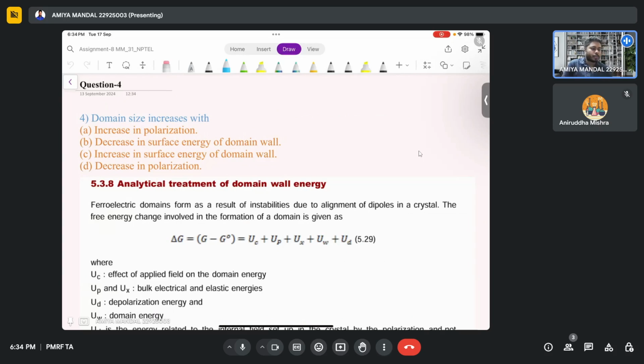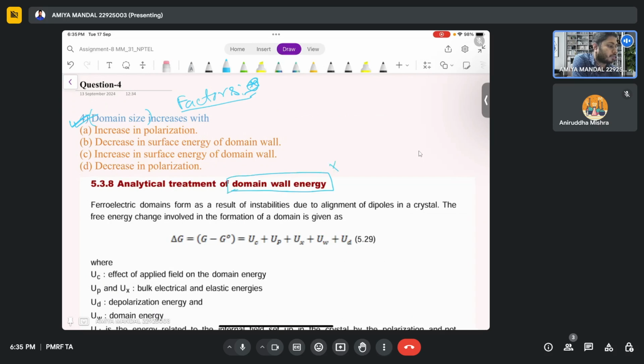It's asking about what the domain size increases with. Now, which factors control the domain size? We must learn about the domain wall energy.